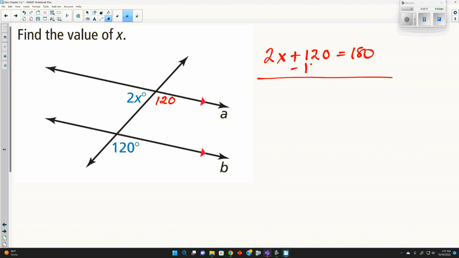So the first thing we can do is subtract 120, which tells us 2x is 60. So x is 30.